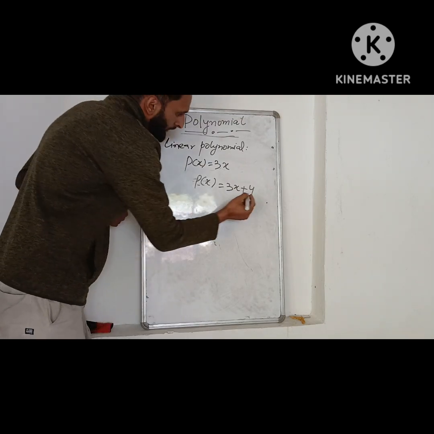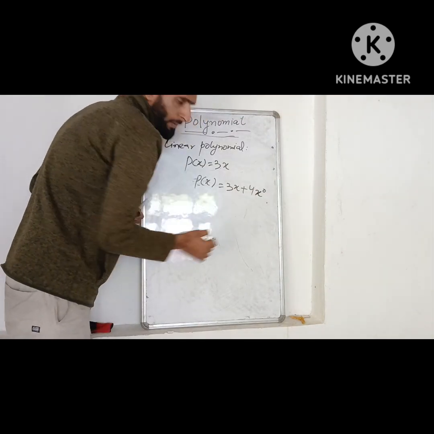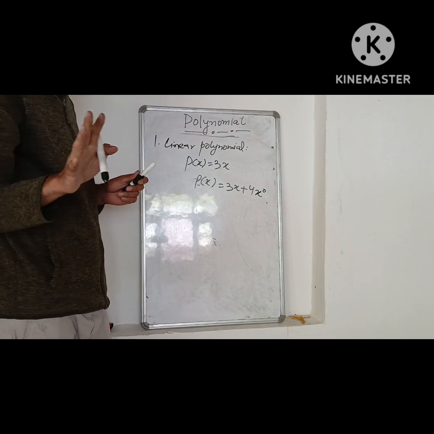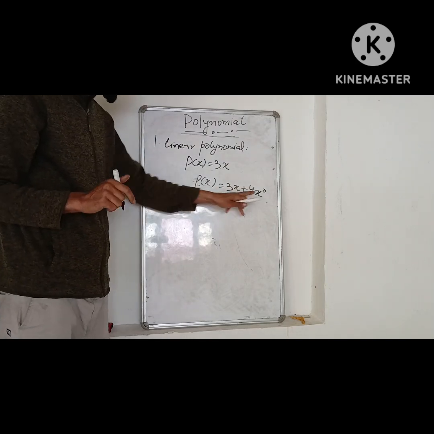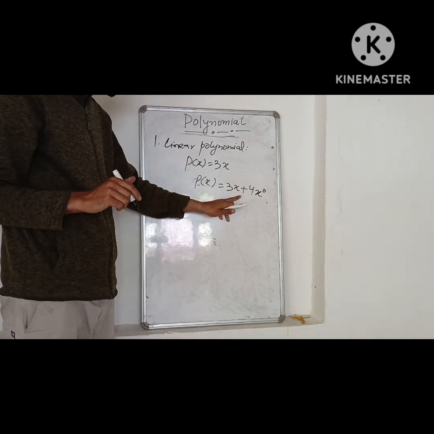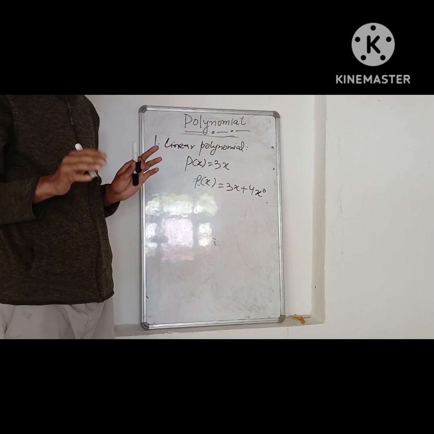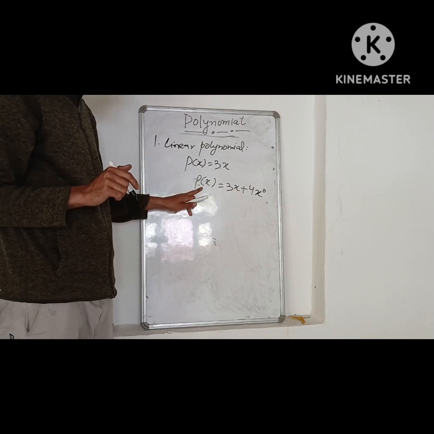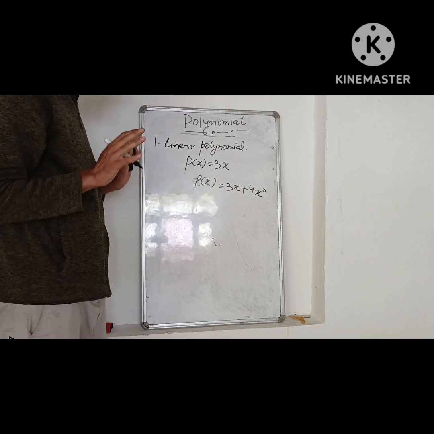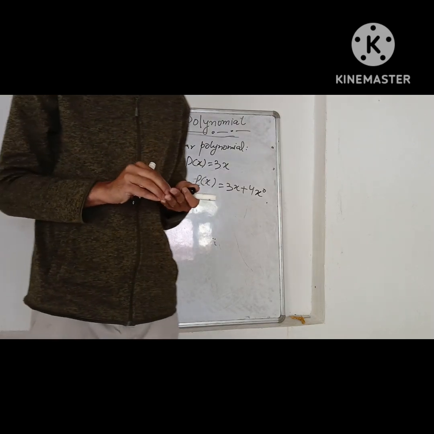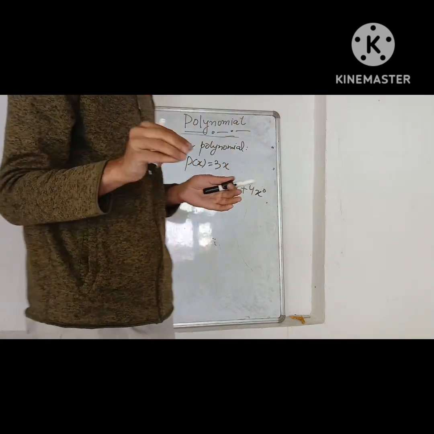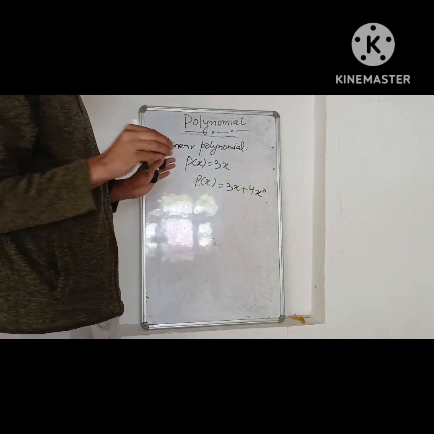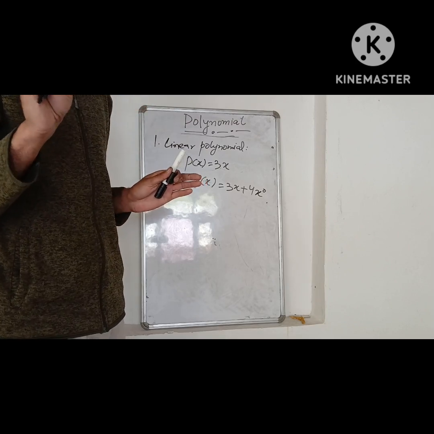Here, I can make x power 0 because x power 0 is equal to 1. So x has power 0 and x has power 1. The highest power is 1. Therefore, degree of this polynomial is also 1. Therefore, I can say that any polynomial that has the highest power equal to 1, we call that polynomial belongs to the linear polynomial family.